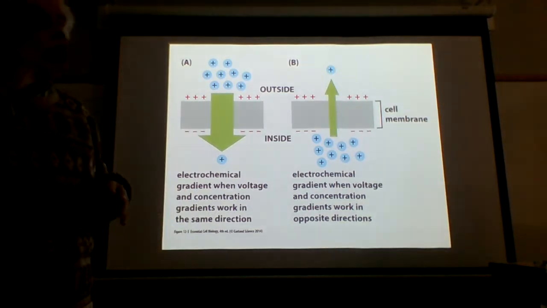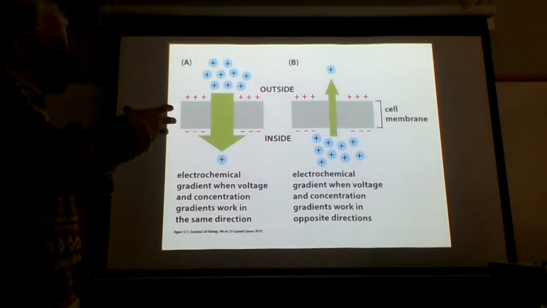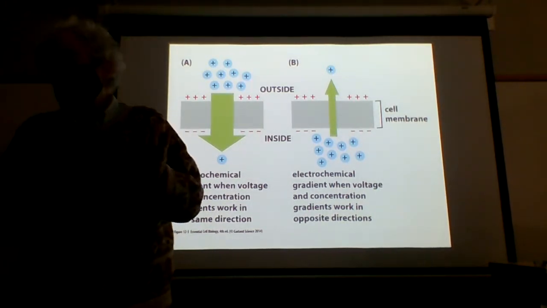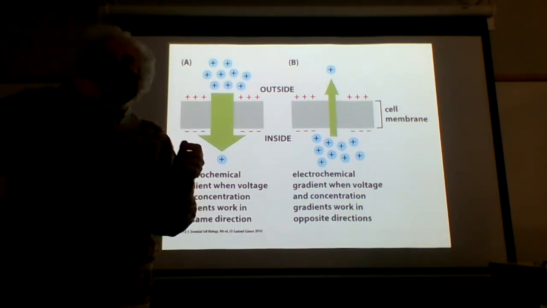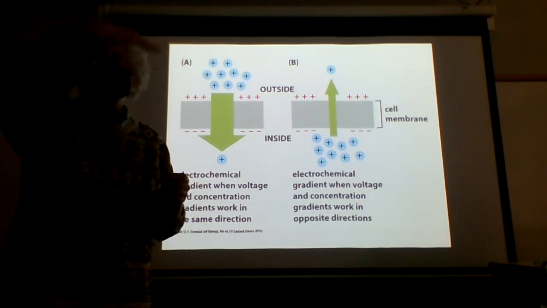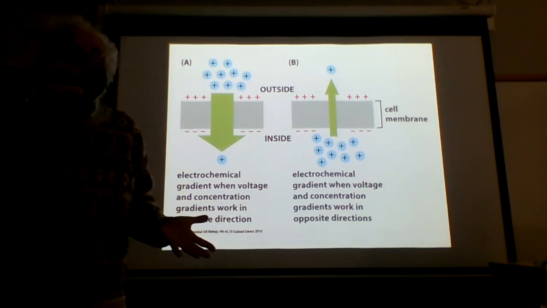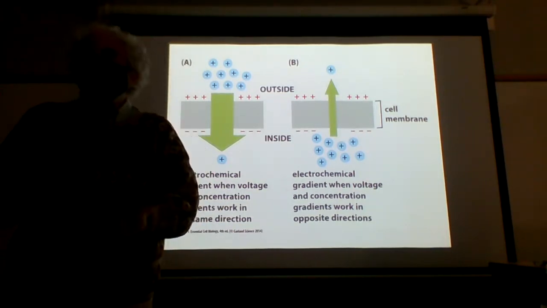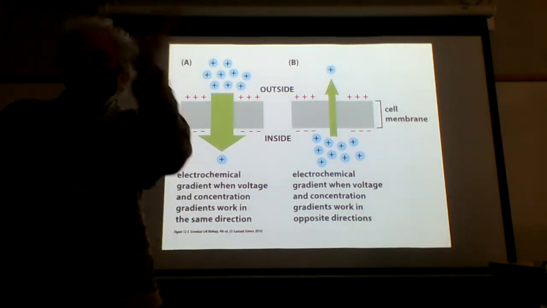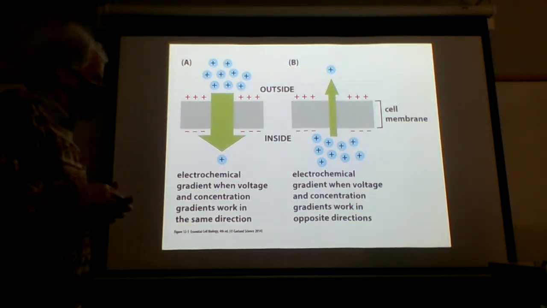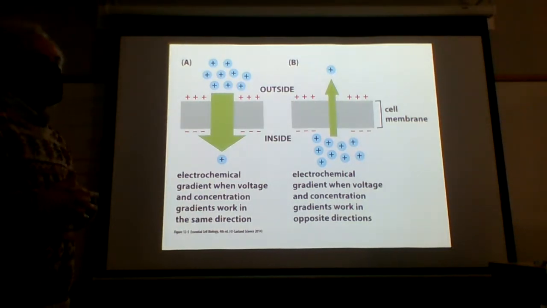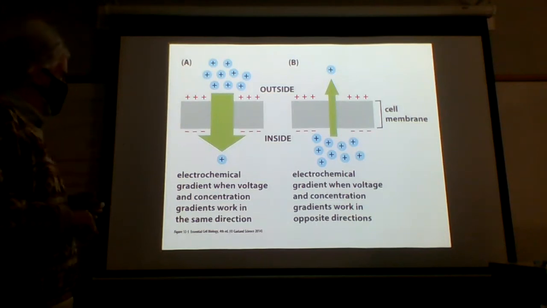The electrochemical gradient we can think of as a voltage, but if you've got a negative charge inside, that's going to have an electrostatic attraction for pulling positively charged ions across it. And so it can add a little bit of the push of ions in one direction or the other.